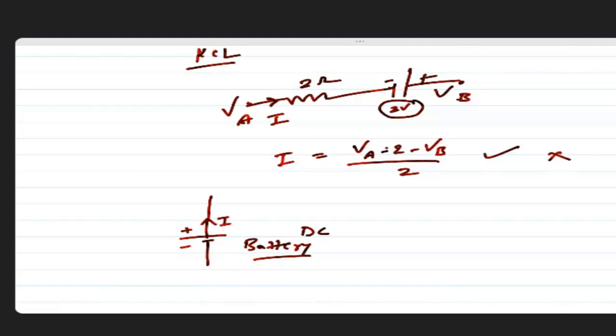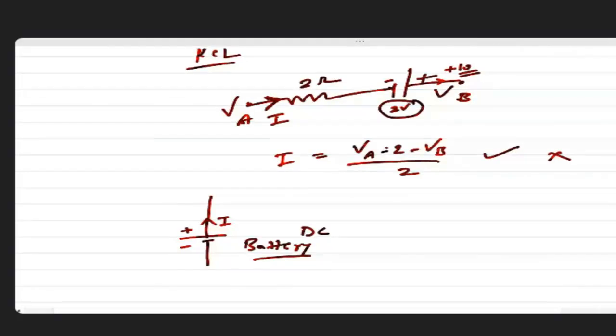But here we can see this I is entering this battery from the minus terminal and releasing from the plus terminal. So now tell me, does the property of the battery violate or not? The property of the battery is to release the current from the plus terminal. The same we are observing here.